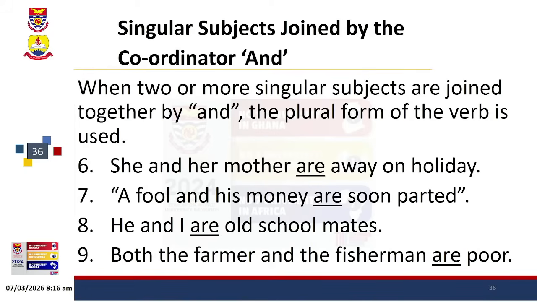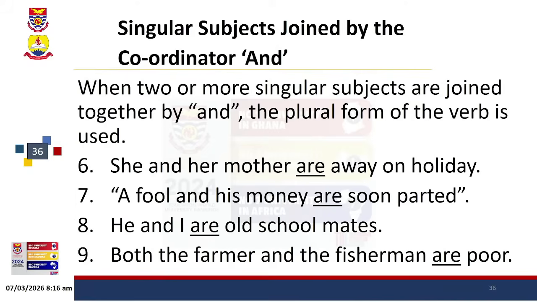When two or more singular subjects are joined together by and, the plural form of the verb is used. What we are saying is that when you see two singular subjects joined by and, it is a plural subject, and so the plural verb must be used.